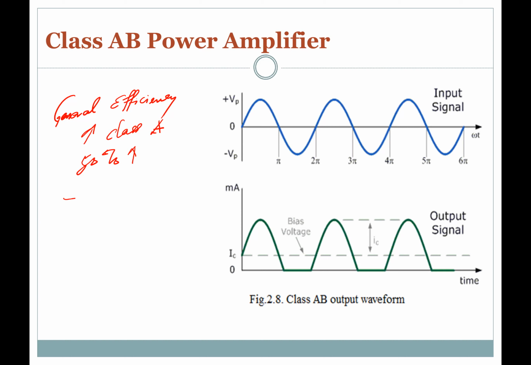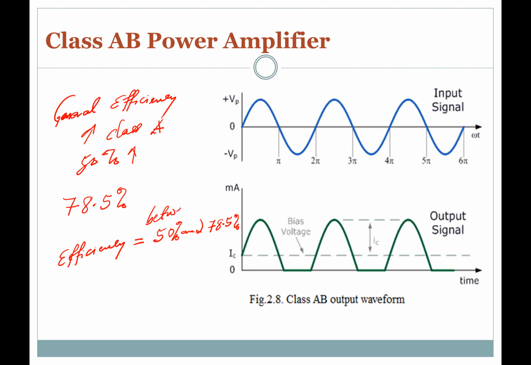And we know the class B amplifier has an overall efficiency of 78.5%. So for the class AB, the efficiency is said to be between 50 and 78.5%. Okay, between.